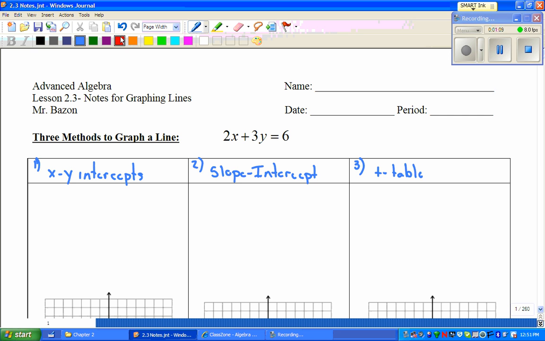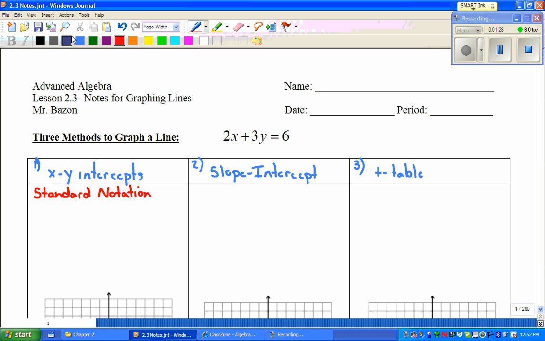Okay? So, x and y intercepts. I think the best time to use x and y intercepts is when you have the equation of a line, your x and y, and it is in standard notation. Okay? Standard notation looks like this.